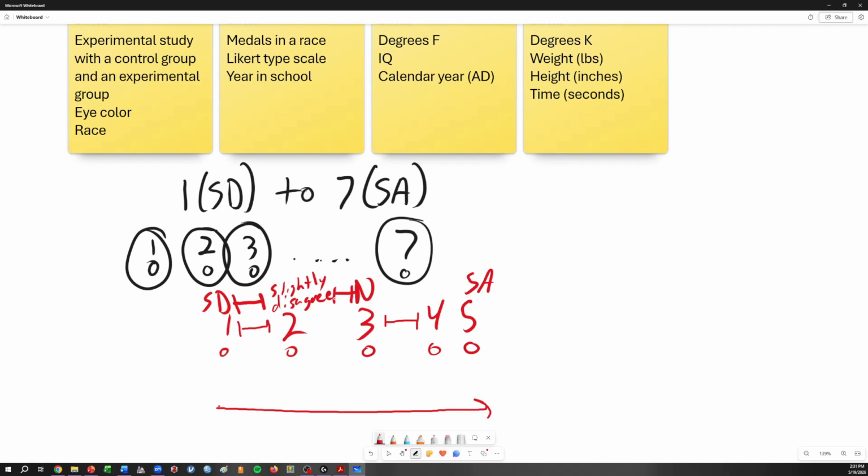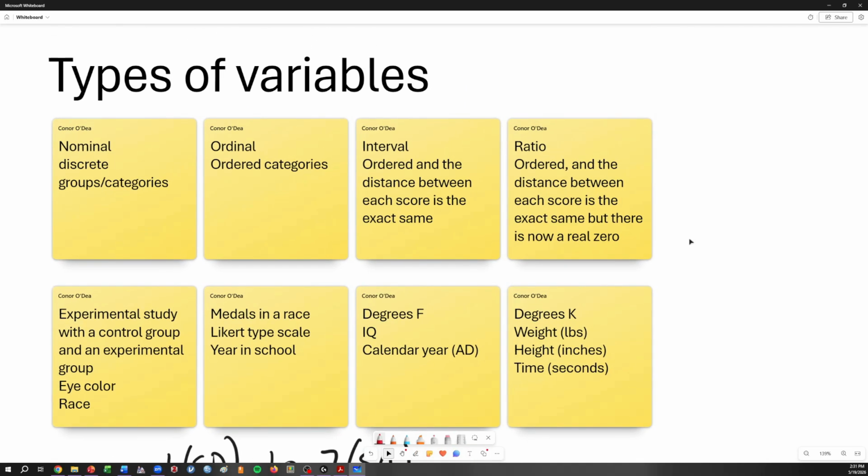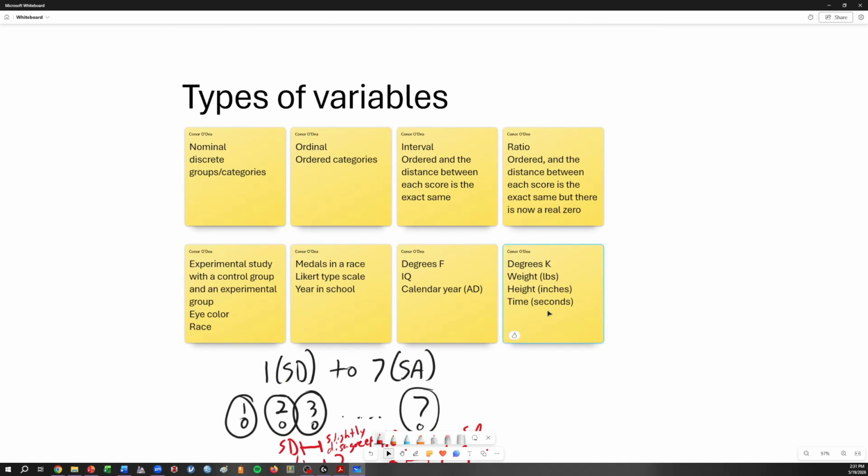We don't know that those are the exact same distance, and as a result, even though this seemingly appears to be an interval unit of measurement, when we analyze Likert type scales from a statistics standpoint, we do treat them as interval. But objectively, they are actually an ordinal unit of measurement because we don't know that the distance between each of these categorical representations is exactly the same.